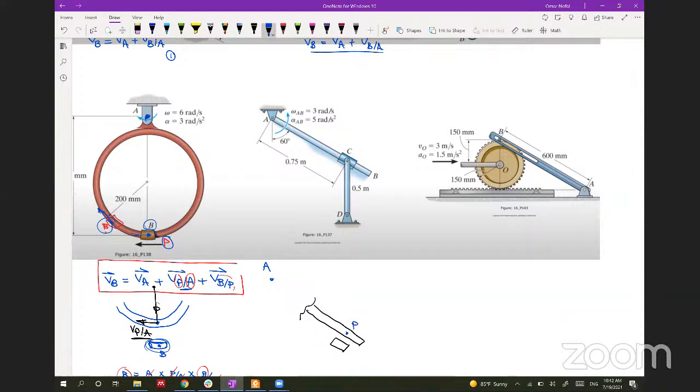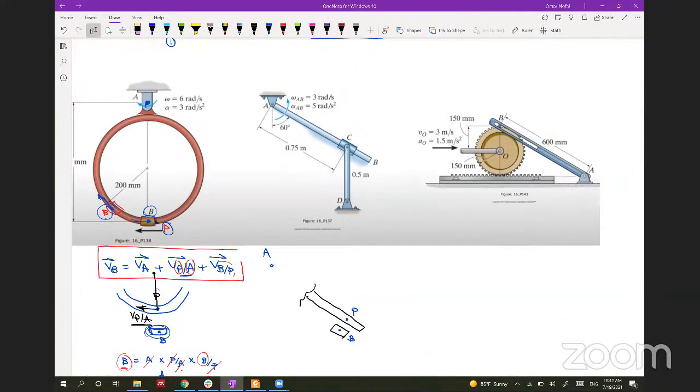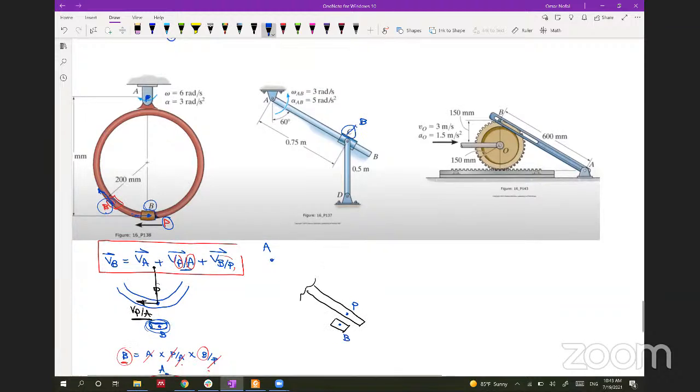So we will have B here, and the collar has B at this location. When arm AB is moving, the collar at C, let's call it C because that's the name here. Or you can call it B, so you don't get confused.